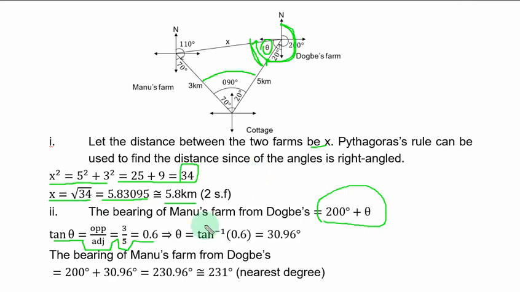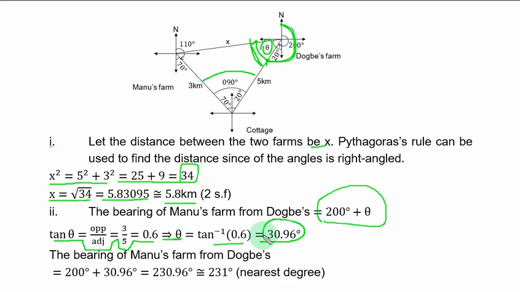This implies that theta is the arc or inverse of tangent of 0.6, and that is 30.96 degrees.